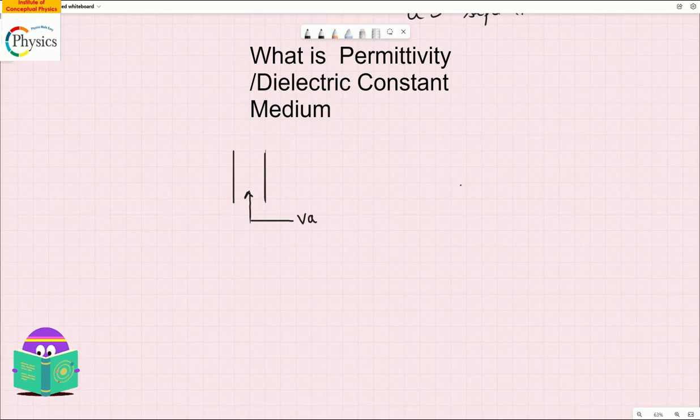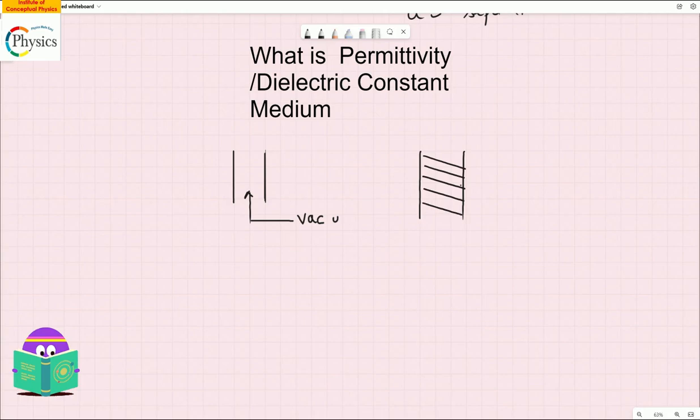Either you can use vacuum or you can have air as the medium between the two. Now, sometimes what they do is insert a mica, for example. Sometimes paper can be used, sometimes mica can be used, even oil can be used, plastic can be used. They are insulators, right?